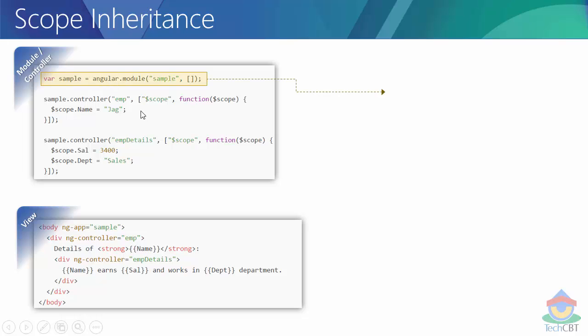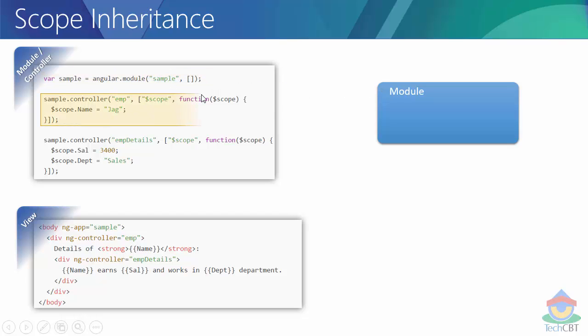The first thing is that this particular statement gets executed, which essentially creates a new module, an instance of a module, and that particular module is currently named sample. The second statement creates the definition of the controller here. We are not creating the instance of the controller, we are just creating the definition of the controller.